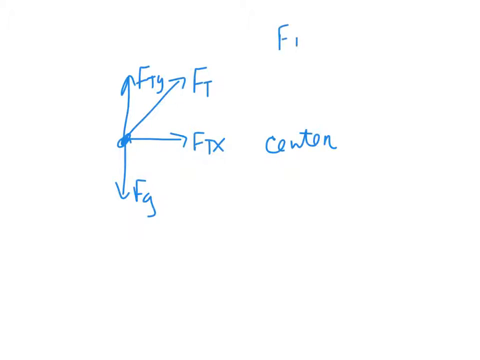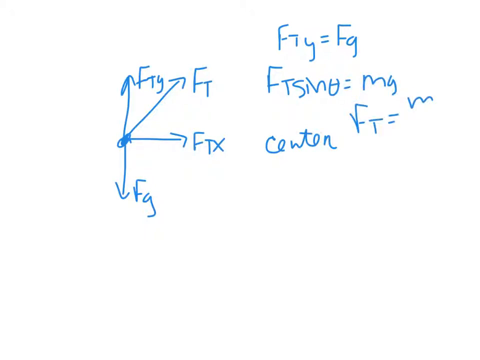We know that Fty has to equal Fg because it's not accelerating in that direction. So Ft sine theta equals mg. Ft equals mg over sine theta. And then in the x direction, we know that Ftx is the only force acting in the direction of the center of the circle. So Ftx is equal to centripetal force.